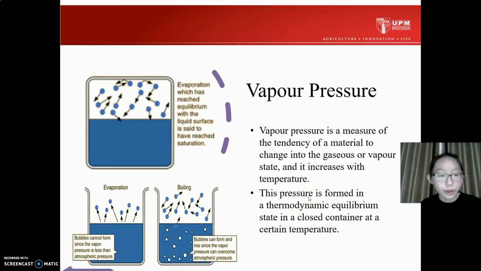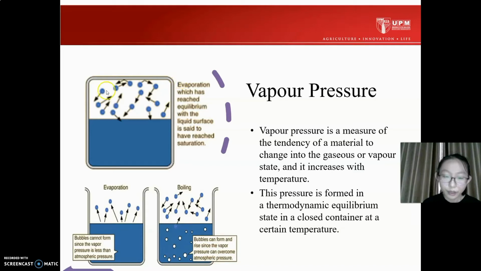The temperature at which the vapor pressure at the surface of a liquid becomes equal to the pressure exerted by the surroundings is called the boiling point of the liquid. At the evaporation state, bubbles cannot form since the vapor pressure is less than atmospheric pressure. At the boiling state, bubbles can form and rise since the vapor pressure can overcome atmospheric pressure.